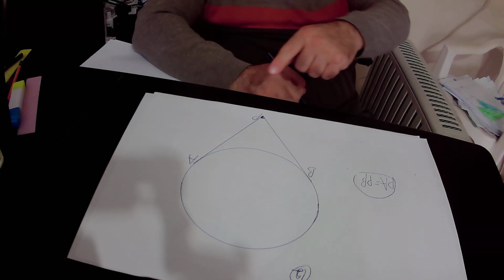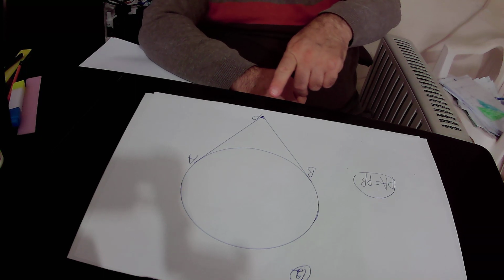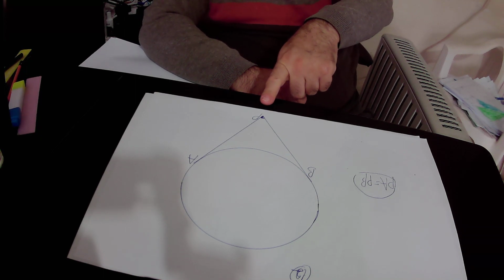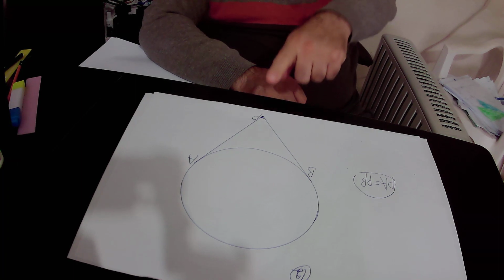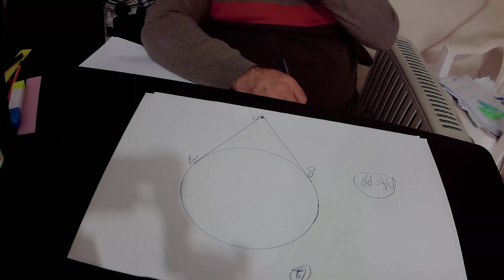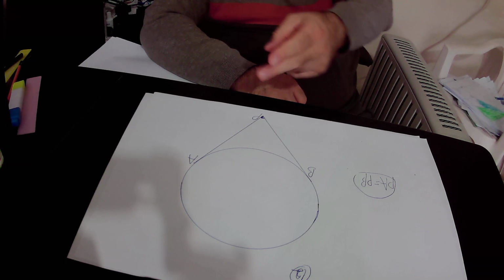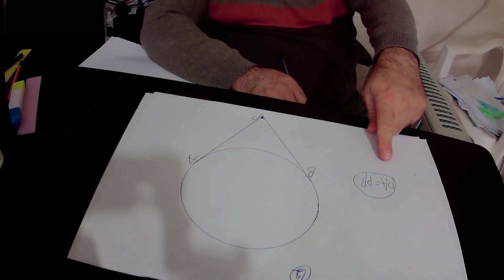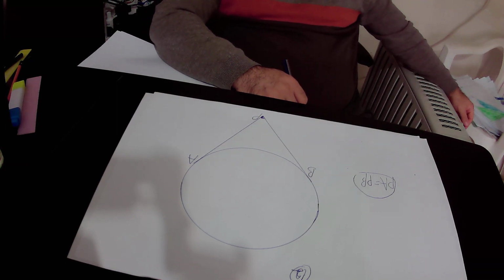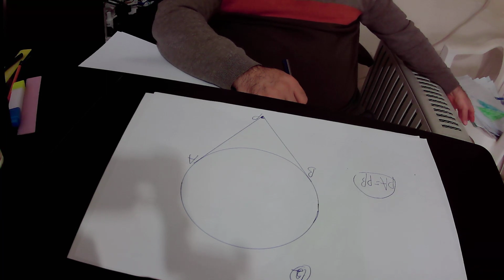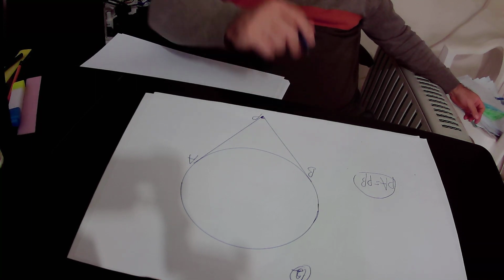So whenever you draw from a common external point, like here from point P, two tangents to a circle, then the length of those two tangents will be equal to each other. That is to say, PA equals PB. In this case, PA equals PB.